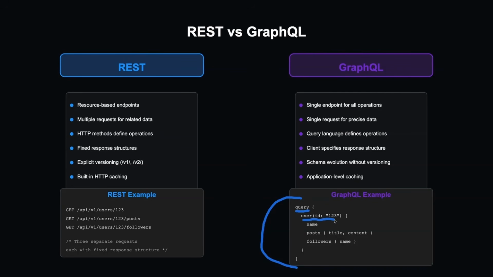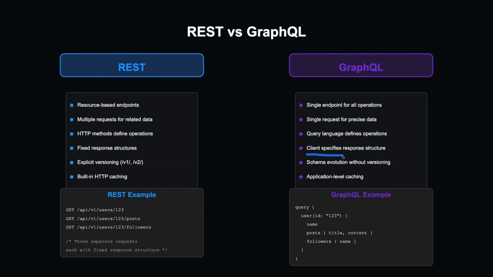For example, we need the user with ID 123. Then we need the name of the user, the posts, and then we define whatever we need from the posts. Maybe we need only title and content and nothing more. And also the followers and what we need from followers, maybe only names. So this allows us to be more efficient in our requests compared to RESTful APIs where we will need to make 3 requests for this same data.